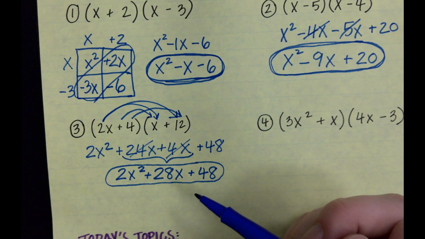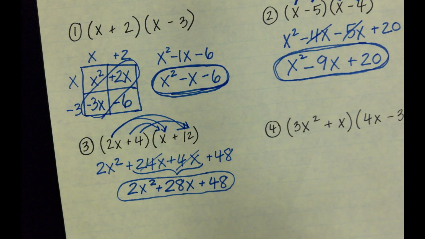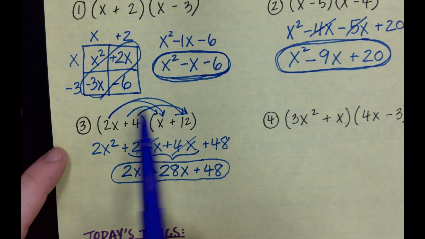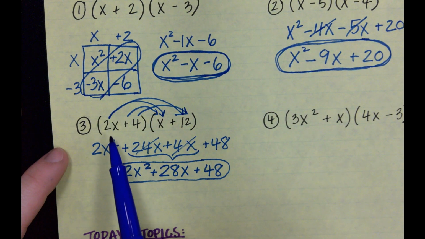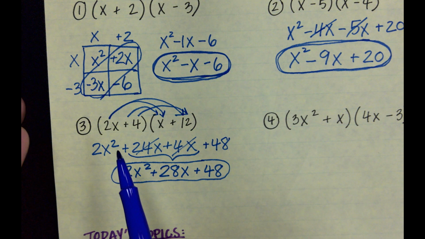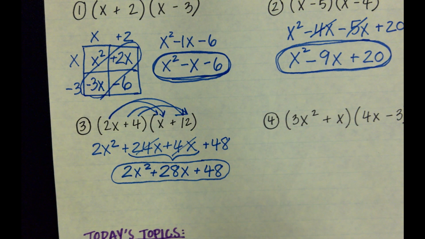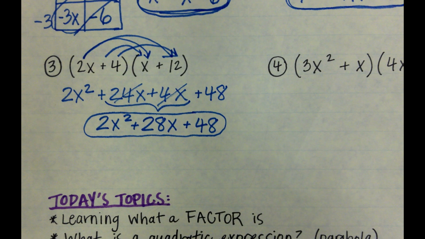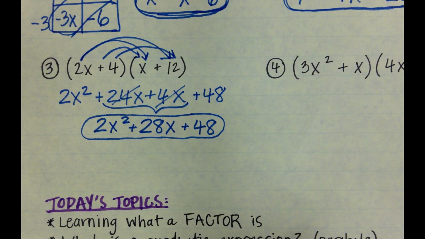Yeah, it sounds like that was probably just a silly mistake. Maybe you just forgot to make it a plus instead of a minus, because we've got all positive numbers in our original problem. So we shouldn't be getting any negatives unless we just accidentally wrote a negative in. So I have a feeling that's probably what happened there.